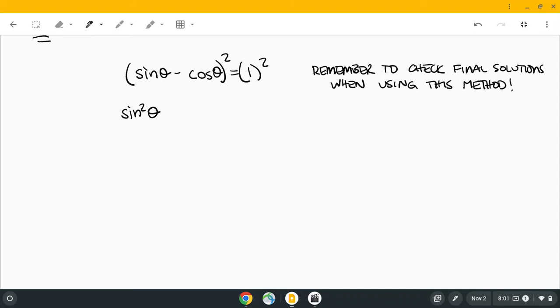Okay, so sine squared minus 2 sine theta cosine theta plus cosine squared equals 1 squared, which is 1. All right, so we have a sine squared plus cosine squared. That's a 1. Minus 2 sine theta cosine theta, which equals 1.